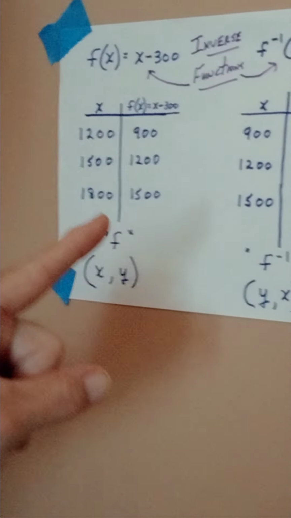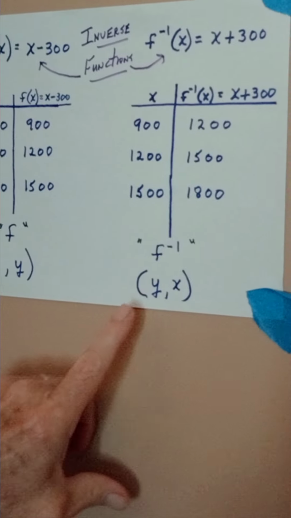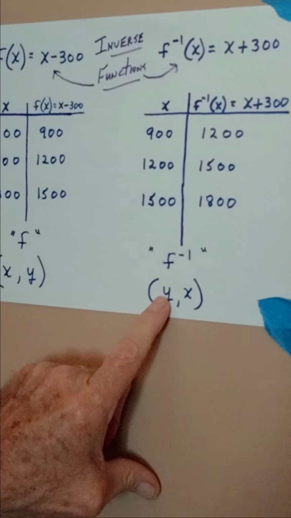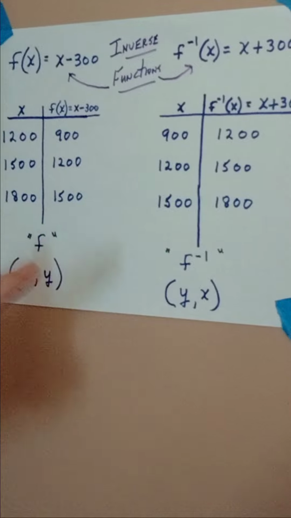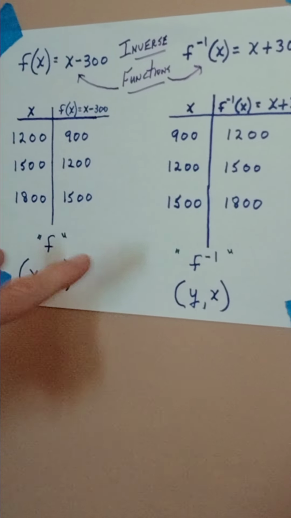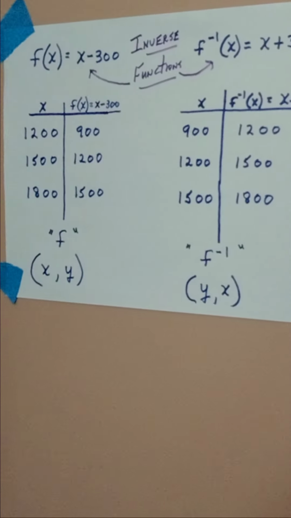If the ordered pairs for function f are x, y, the ordered pairs for its inverse will be y, x. Always. That is a truth. Always for inverse functions.